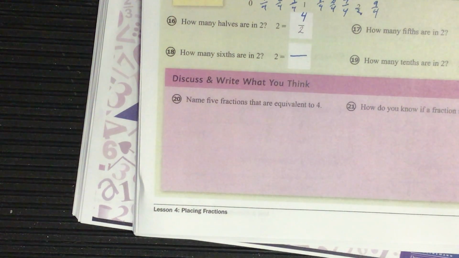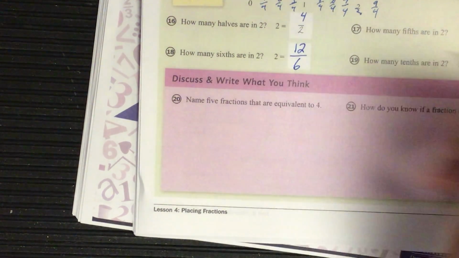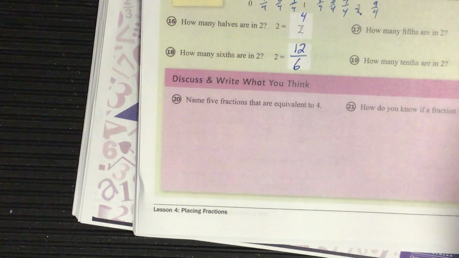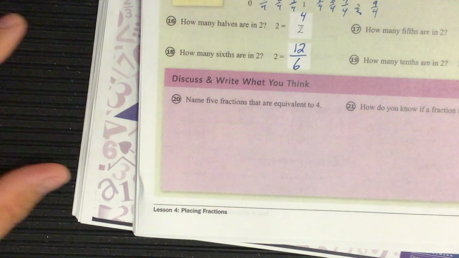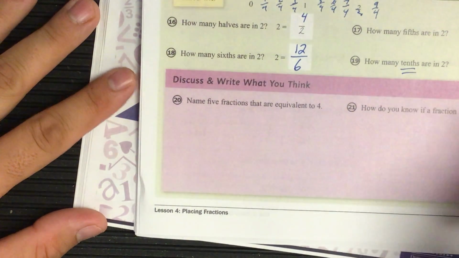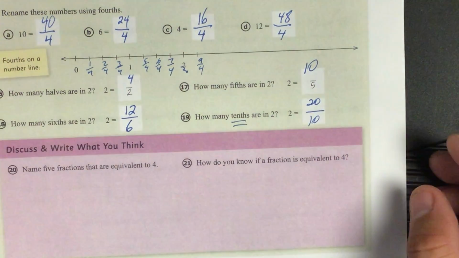But 3 is wrong. 12. How many sixths? 12 is correct. Kira, yes. Good. Okay. So whatever it tells you there, it goes on the bottom. So tenths would be 10 on the bottom.